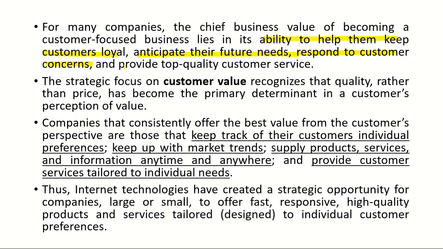There must be a link to provide top quality customer service. In just one click, one call, there should be a response to the feedback of the customers. So this strategic focus on customer value recognizes that quality rather than price has become the primary determinant in a customer's perception of value.